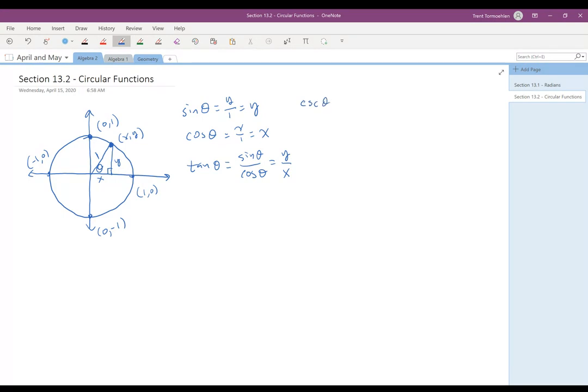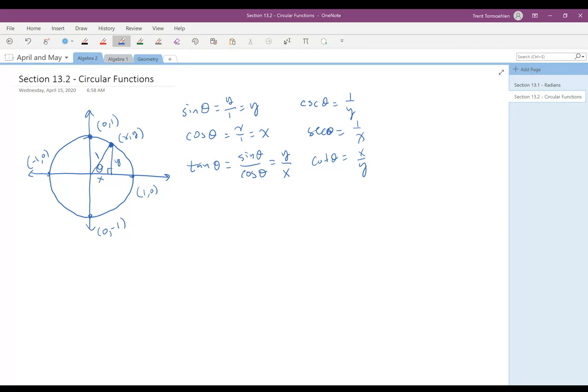The cosecant of the angle is just going to be 1 over y. The secant of the angle, remember, is the reciprocal of cosine, so 1 over x. And the cotangent of the angle is x over y. Thinking in terms of the unit circle really does make our life pretty easy.